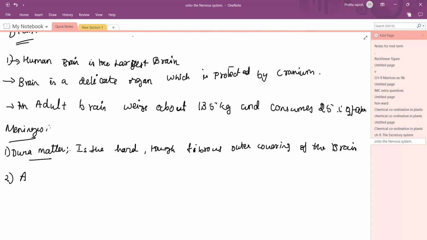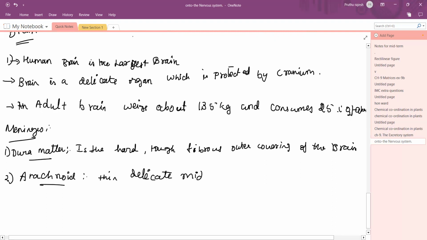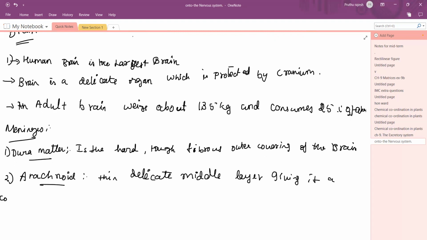So it gives a web-like appearance similar to that of a spider's web. It is the middle layer, like a cobweb.